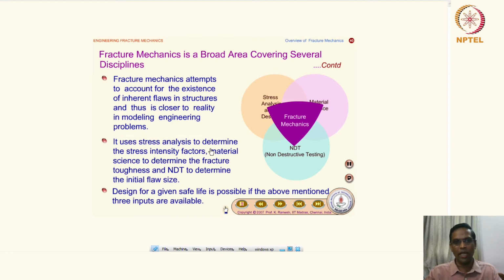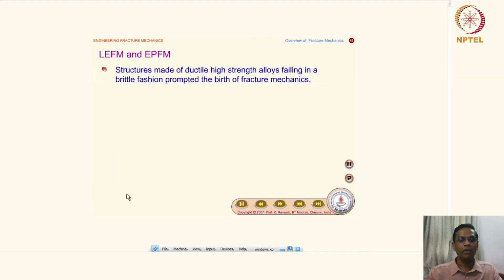It's called K. So all the stress intensity factors are evaluated by the stress analysis, and the material science, as I mentioned, takes care of the fracture toughness measurements, and NDT, the initial flaw size. Design for a given safe life is possible if the above mentioned three inputs are available. So all these three form the primary basis for the design.